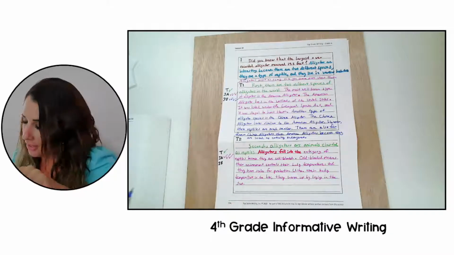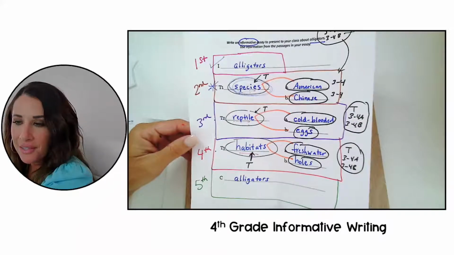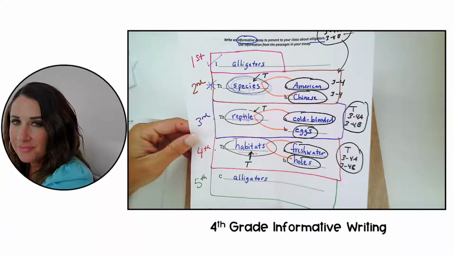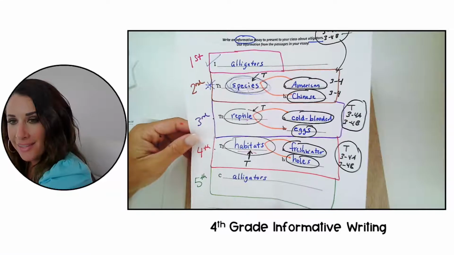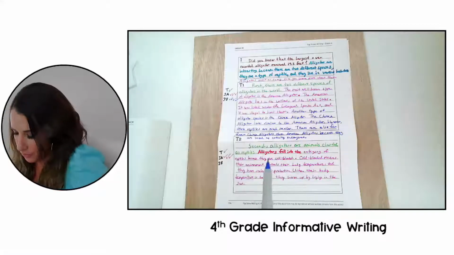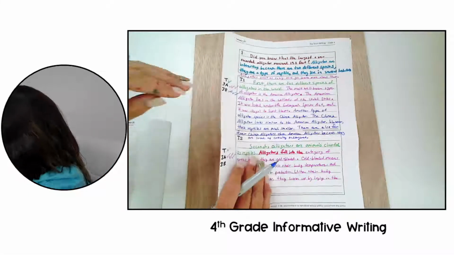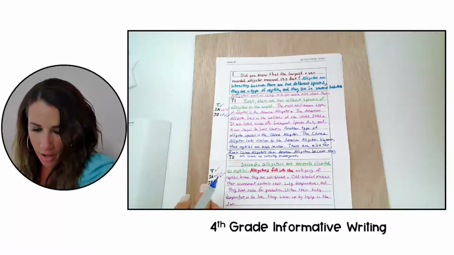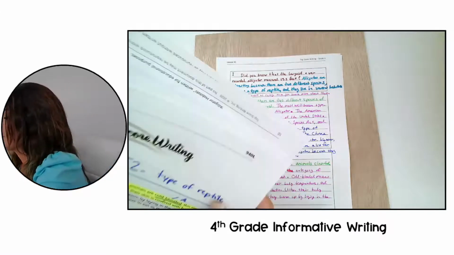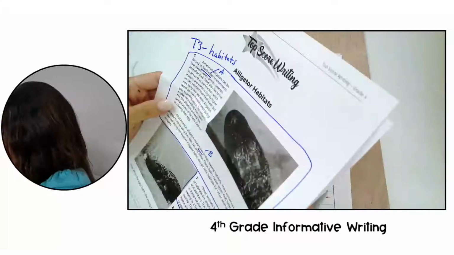And my B, what is my B for T2? Eggs, right? I'm laying eggs, so I have to write at least 3 to 4 sentences about my B for T2. Ooh, there it is. I always have to have passages where I mapped out exactly where to find it.